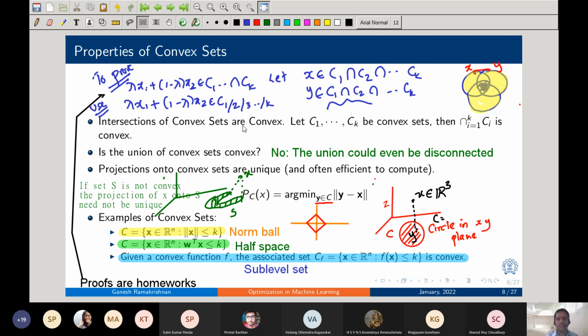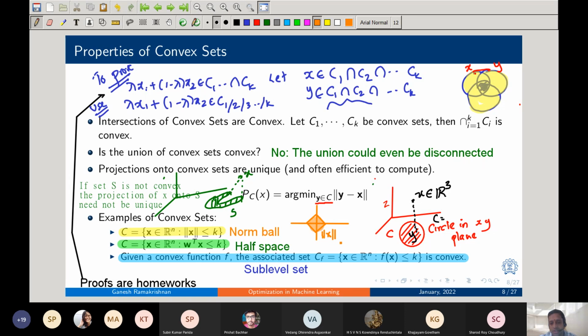Okay, so this is a norm ball under the L1 norm. Any questions?